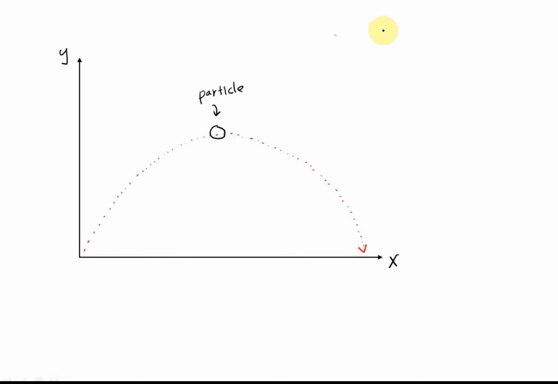Those equations were: velocity is your initial velocity plus the constant acceleration times t; position is your initial position plus initial velocity times t plus 1/2 a t squared; and velocity squared is initial velocity squared plus 2 a times the position difference.